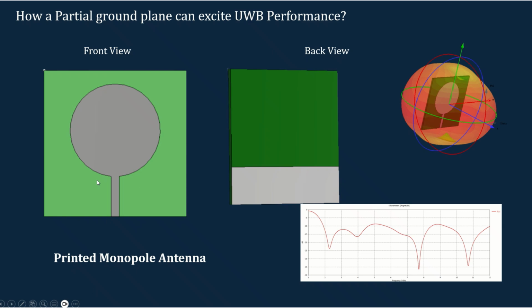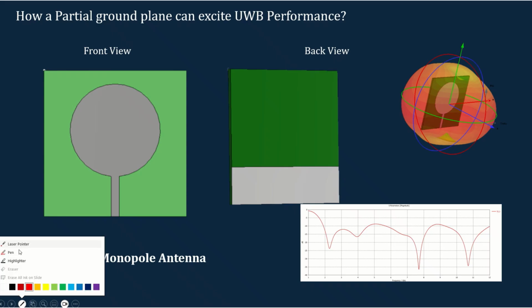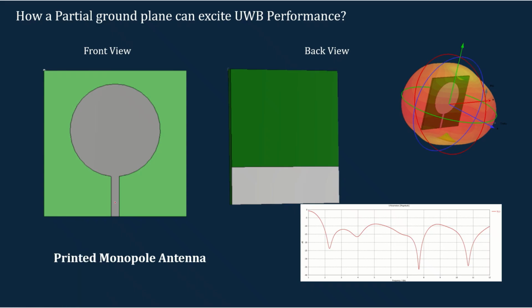If you have to design a UWB antenna, you can use different structures instead of the circular patch, like rectangles or any sphere-like structures, or anything can replace this circular patch. So we can use any radiating elements, and it will be called a monopole antenna.